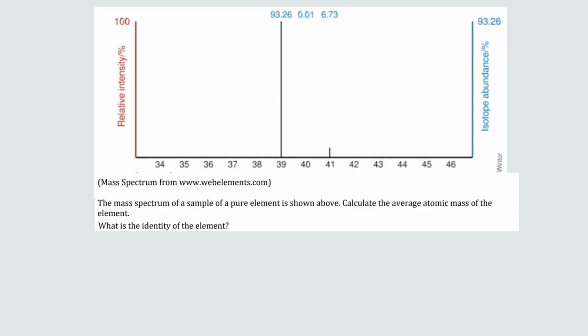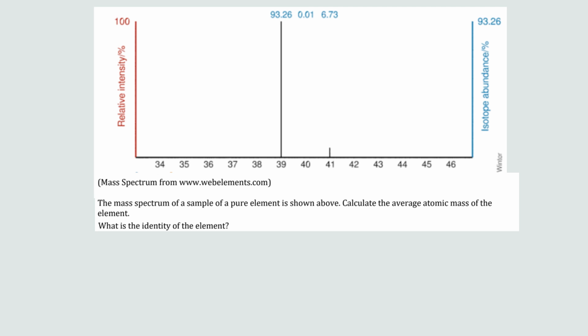The mass spectrum of a sample of a pure element is shown here. Calculate the average atomic mass. What is the identity of the element? From our spectrum here, we can see that there are 3 isotopes and they have the following abundances.